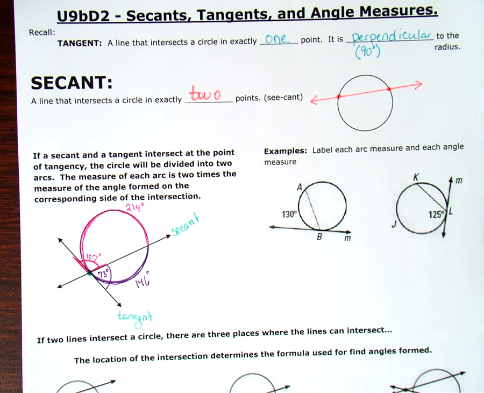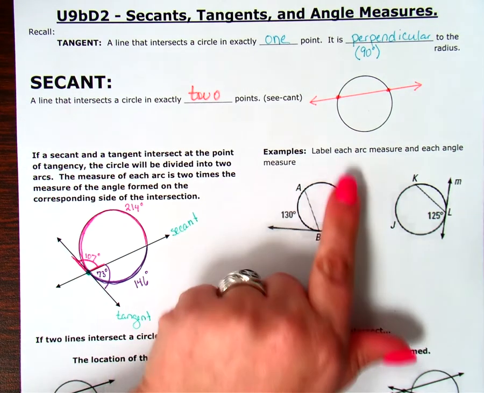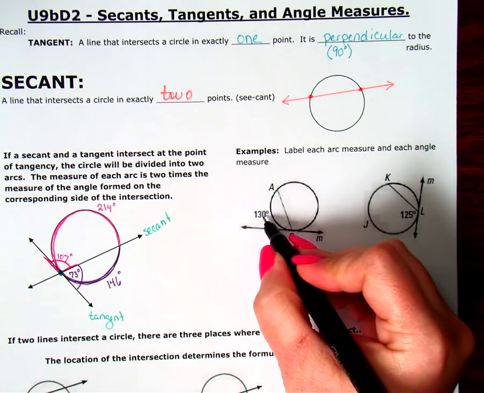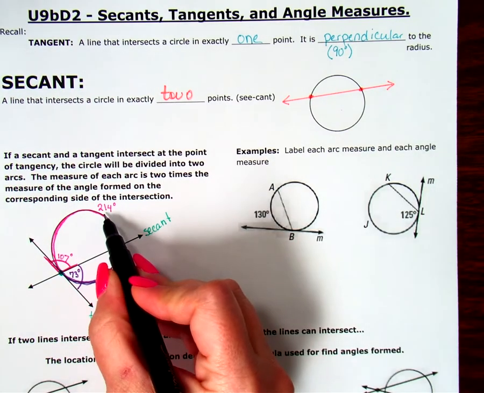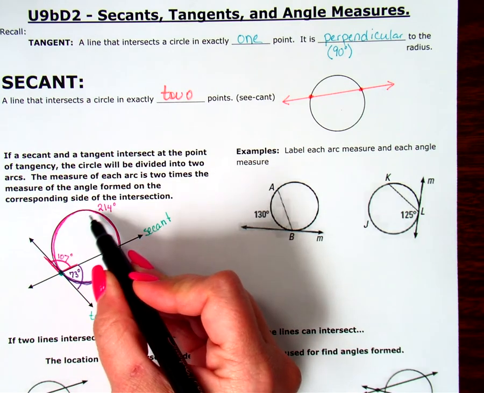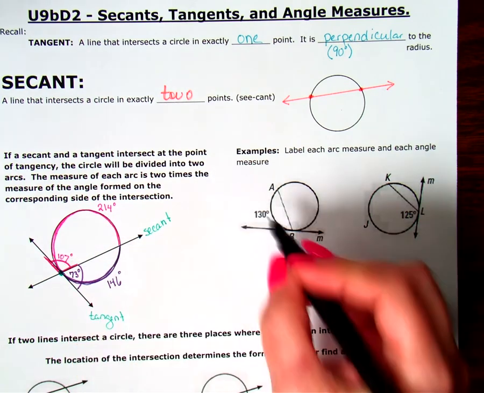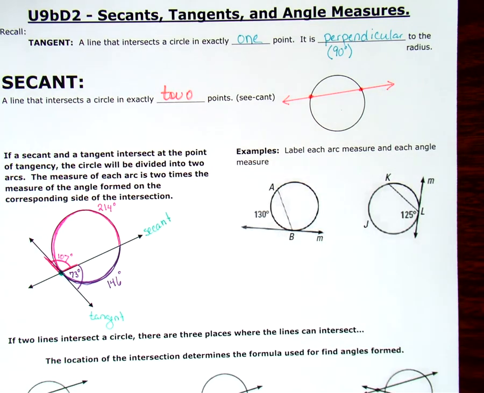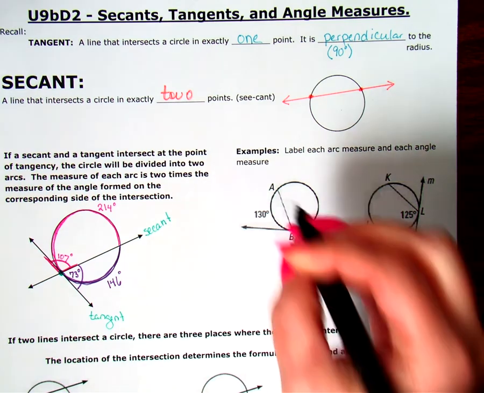When I look at this first one, it says label each arc measure and each angle measure. So I know if I want to work backwards, I double the angle to go to the arc. That means I divide the arc in half to go to the angle. So if this is 130, all I have to do is divide that in half. 130 divided by 2 is 65 degrees.